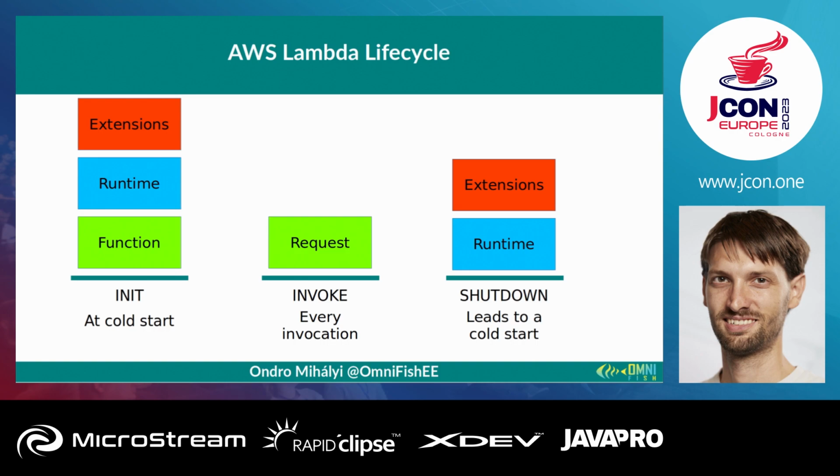After that, this invoke phase can repeat a lot of times, for every request. But if requests are not executed for some time, the cloud provider can shut down the whole environment, the whole sandbox for our function. This is called the shutdown phase. No one knows when it happens.